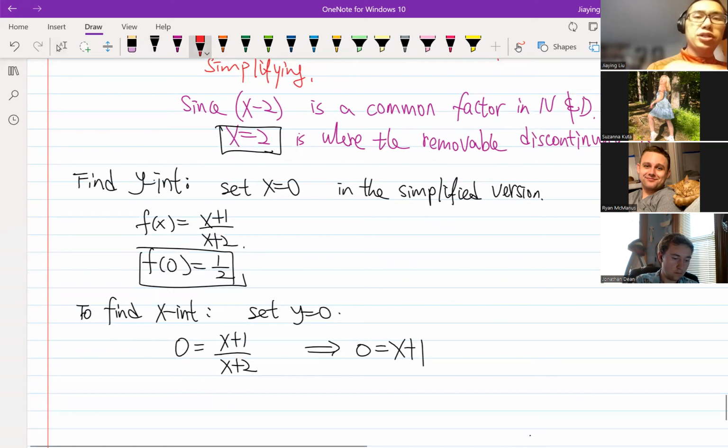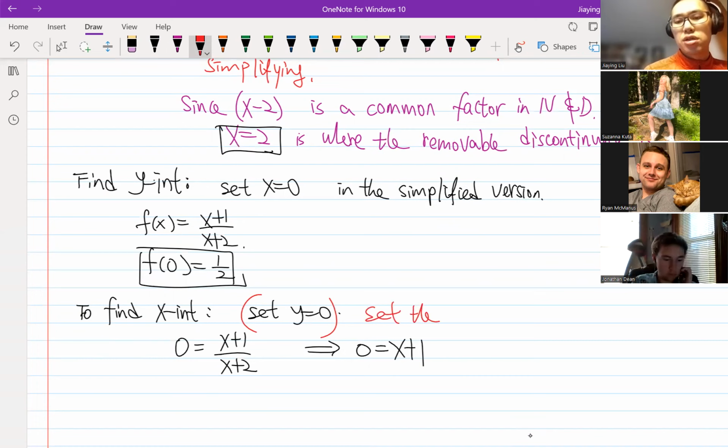So that actually gives us another shortcut. Sometimes people think, okay, instead of setting y equals 0, perhaps we can just set the numerator equals 0 to find the x-intercept. Because the denominator doesn't matter what it is, I can multiply it by 0 on the left side and it doesn't matter at all.